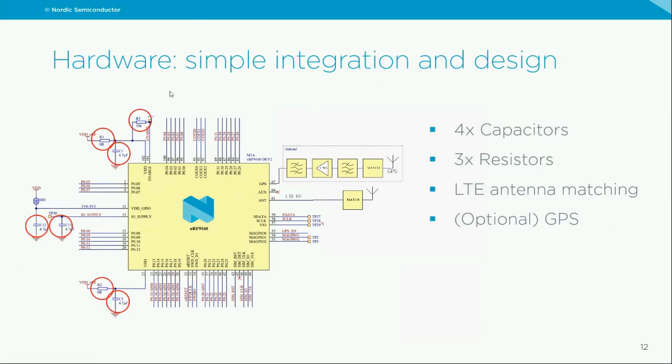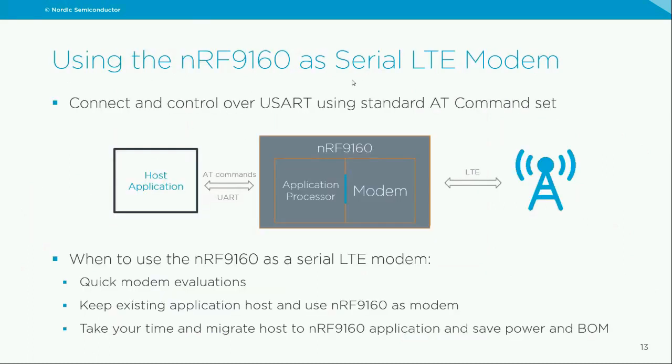I know that for some of you, building your complete application inside the 9160 SIP can be a challenge for various reasons. So I want to talk now a little bit about some of the additional features that we have developed over the last quarter to also support other use cases for the 9160. So it's now also possible to use the 9160 as a serial LTE modem.